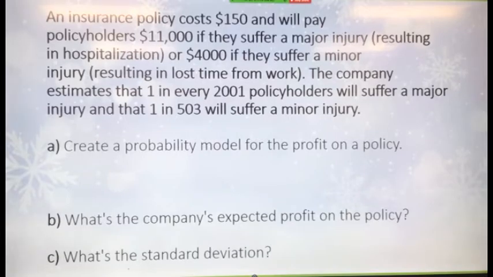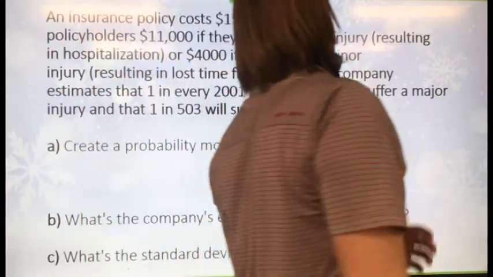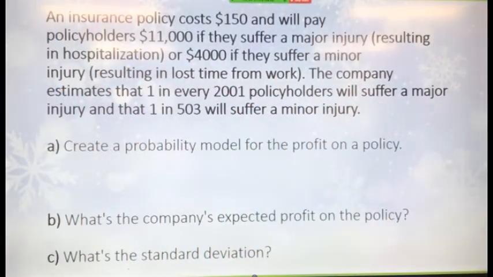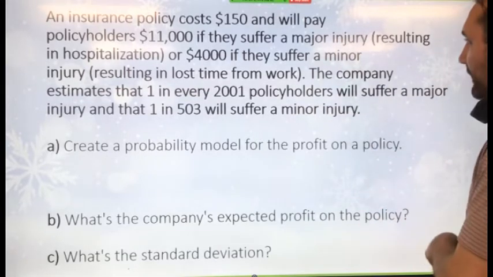Next one. An insurance policy costs $150 and will pay policyholders $11,000 if they suffer a major injury, or $4,000 if they suffer a minor injury. The company estimates that 1 in every 2001 policyholders will suffer a major injury, and that 1 in 503 will suffer a minor injury.